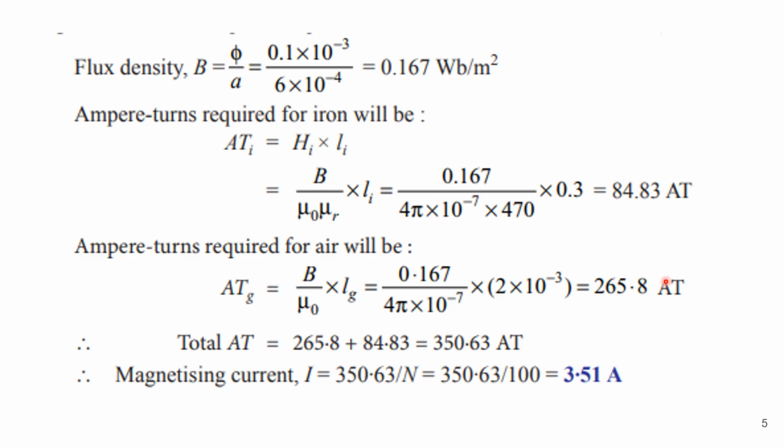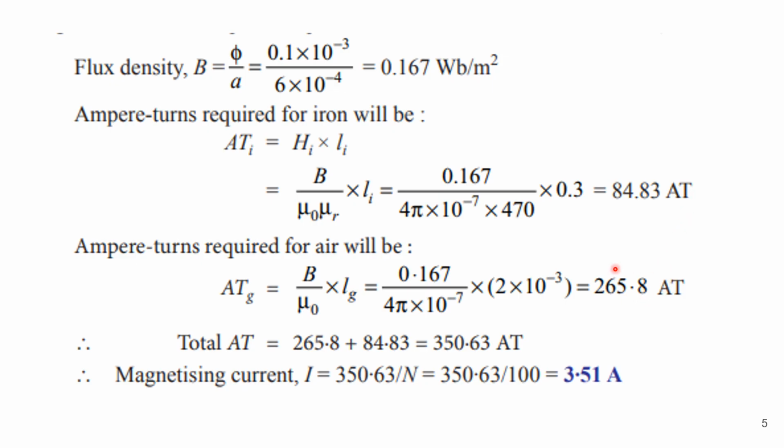By seeing these two values, the inference here is that more ampere turns are required to produce magnetic flux through the 2 mm of air gap. 265.8 ampere turns is required when compared to the ampere turns required for the iron path.